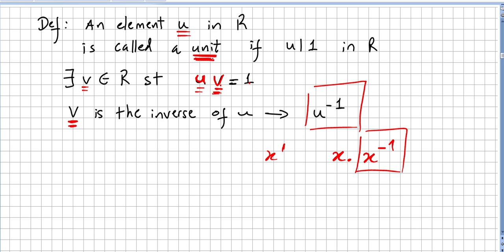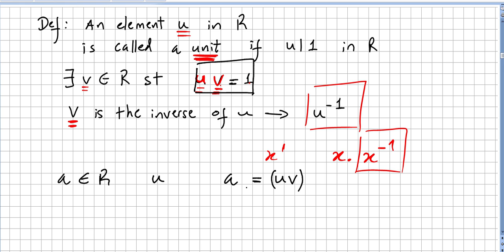Of course, units are very important in a ring for many reasons. For instance, let us say we have an element A that is in a ring, and we know there is a U that is a unit. So we know that A is the same as UV times A, because UV is 1, right?